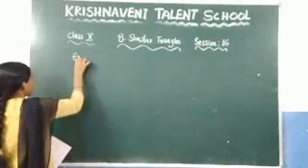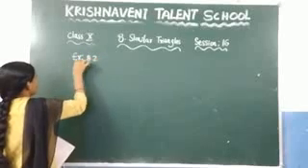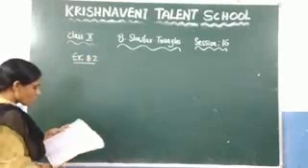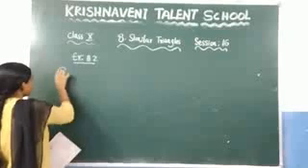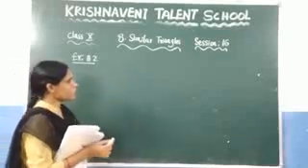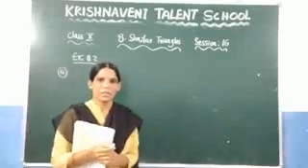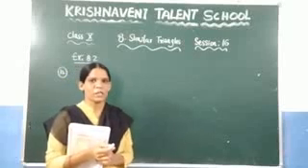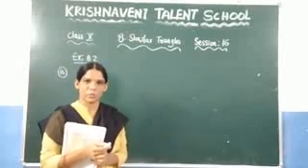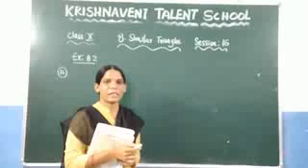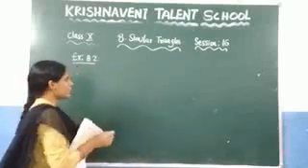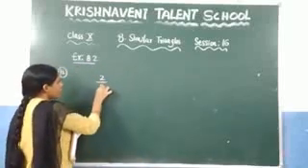This is exercise 8.2, 12th question. You need to construct a similar triangle such that the corresponding sides should be in the ratio of 2 by 3. Clearly you know that 2 by 3 is a proper fraction.